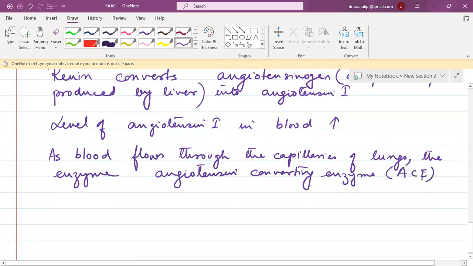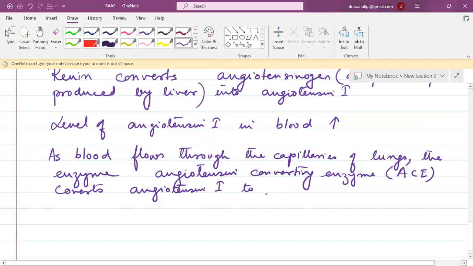So when the blood flows through the capillaries of the lung, the enzyme ACE, which is given by the lungs, converts angiotensin 1 to angiotensin 2.